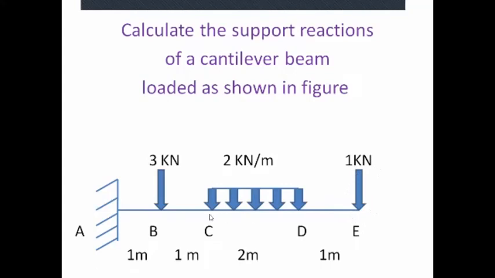And when we observe the portion CD, we have a load which is having uniform intensity, means load is distributed evenly or uniformly from point C to point D. So this is our UDL.